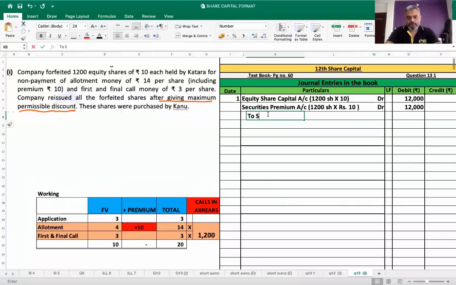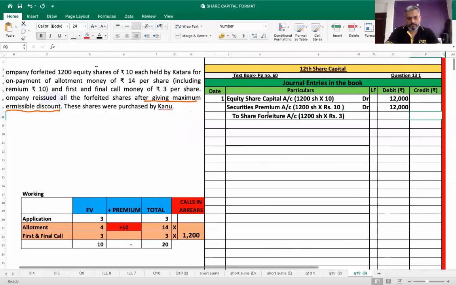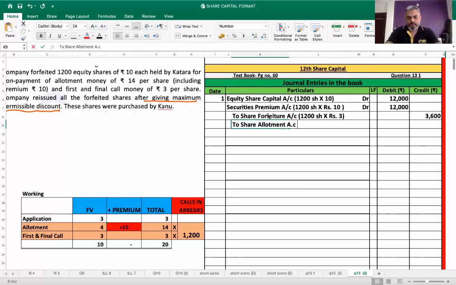To share forfeiture account, 1200 shares into rupees 3 is what we received. To share allotment account, 1200 shares into rupees 14 is the total we did not receive.